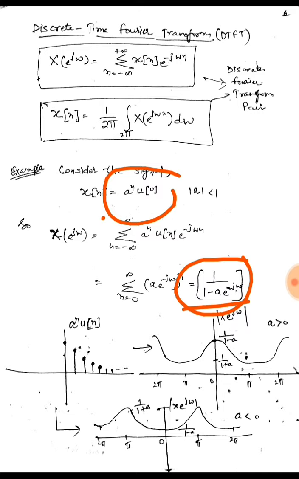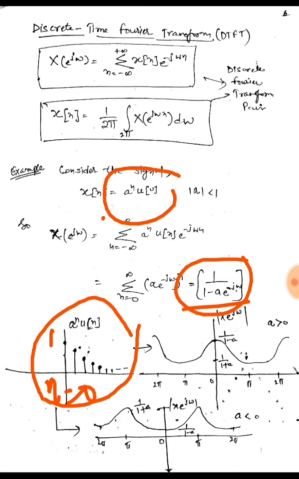So in the discrete time domain, a^n u[n] can be represented as a function whose value at n is equal to 0 is 1, and then it is decreasing as we go to infinity.